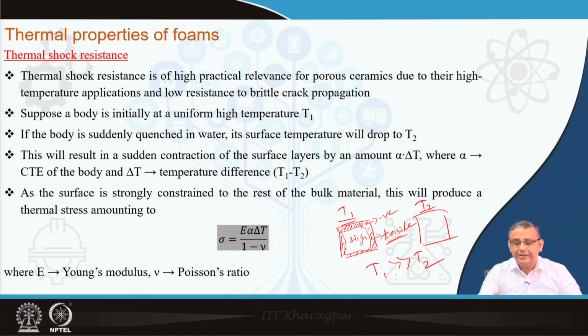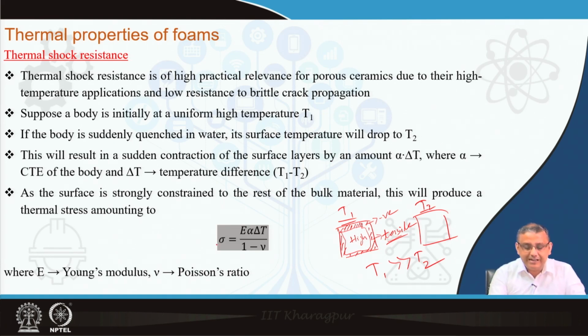Whether the material will crack or not, and how much is the crack sensitivity, will depend upon how much thermal stress is generated. If the thermal stress from this thermal shock is more than the failure strength of the material, then the material might undergo failure. If the thermal shock is less, then the material might not undergo failure despite the thermal shock.